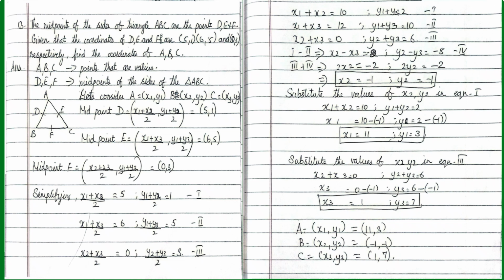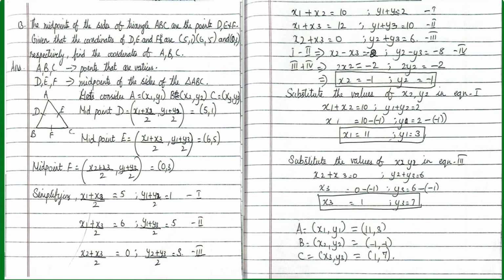So we get (x1 + x2)/2 is equal to 5 and (y1 + y2)/2 is equal to 1. Assume this to be equation 1. From the midpoint E, we get (x1 + x3)/2 is equal to 6 and (y1 + y3)/2 is equal to 5. This is equation 2.